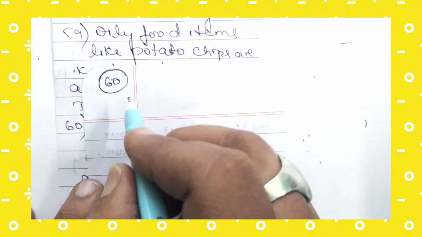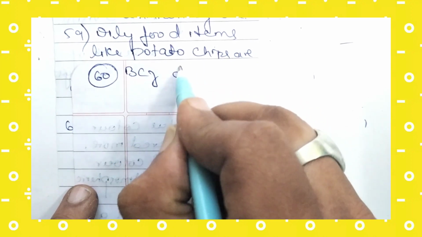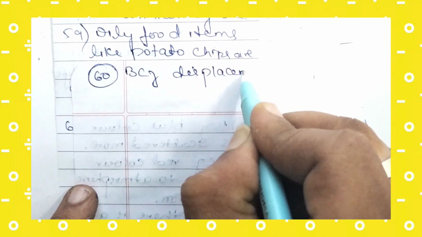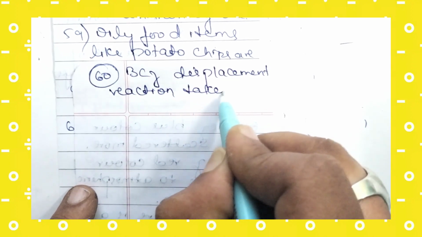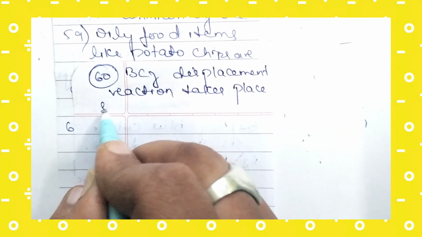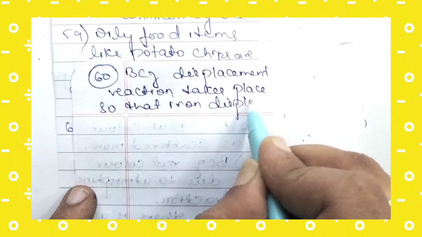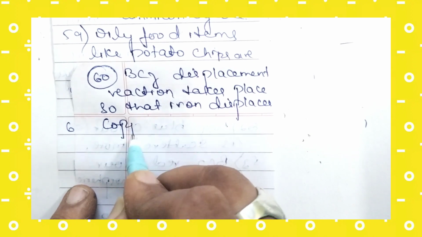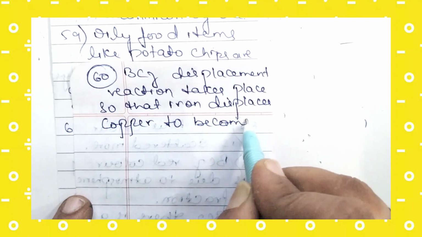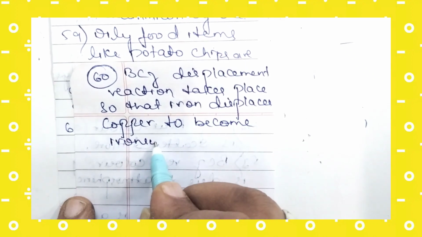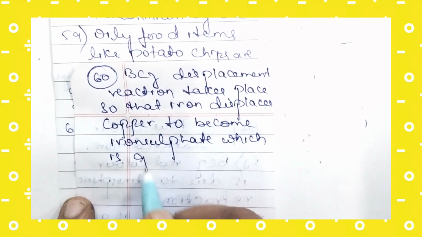So now let us answer this question because displacement reaction takes place so that iron displaces copper to become iron sulfate, which is green in color.